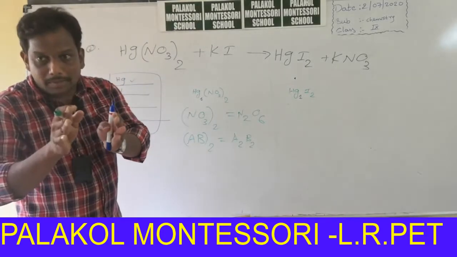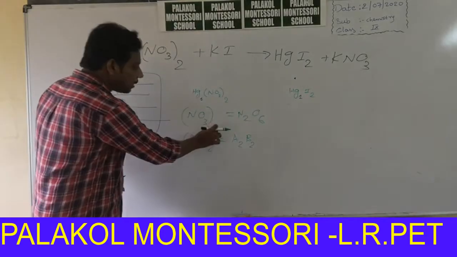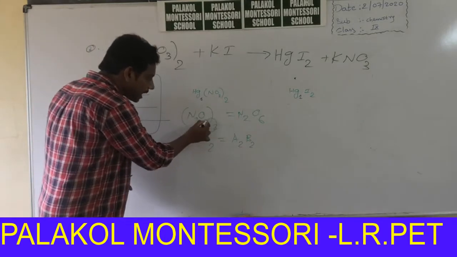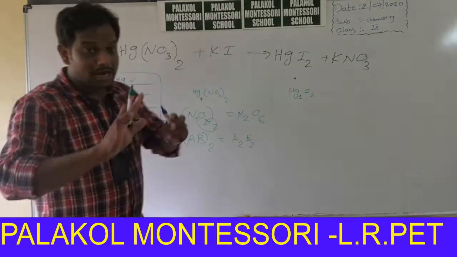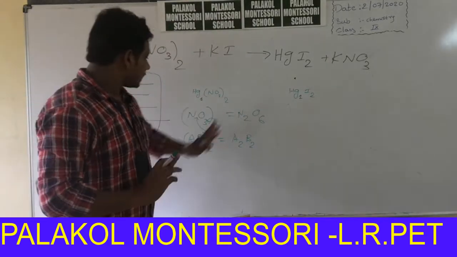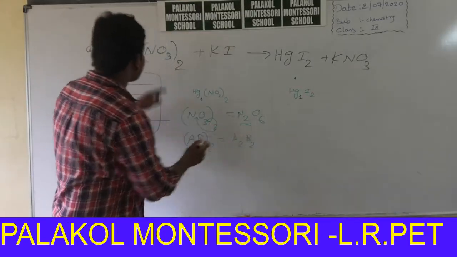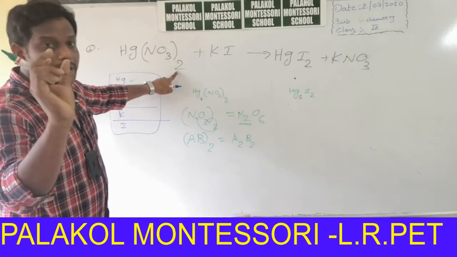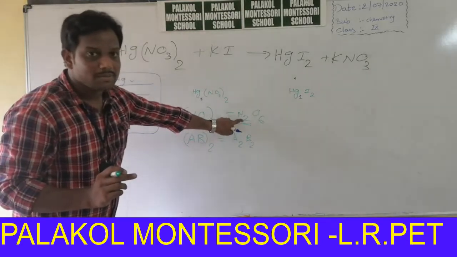NO3 taken twice means N2O6. This 2 is multiplied with the numbers, so the NO3 group is present twice. Here how many nitrogens are there in NO3 taken twice? 2 nitrogen atoms are there.